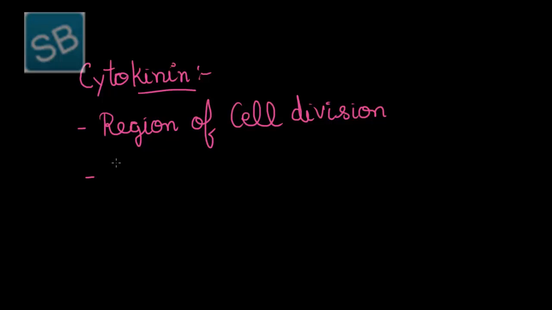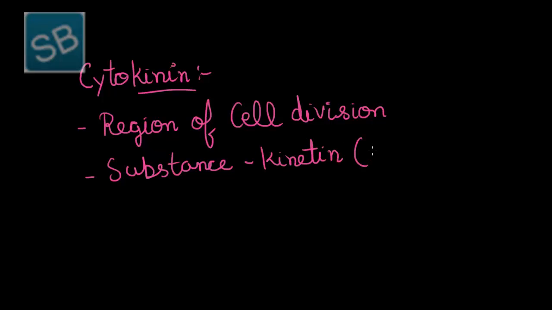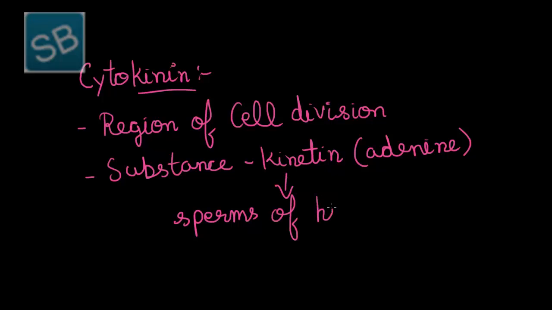Cytokinin was first identified as a substance called kinetin, which is a form of adenine that was first obtained from the sperm of herring fish. This cytokinin was first originally obtained in the form of kinetin.